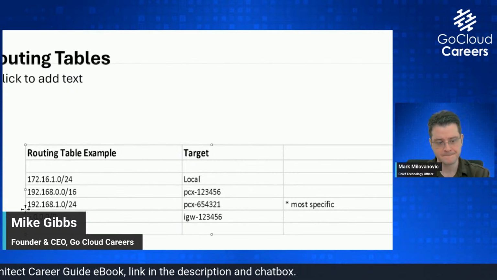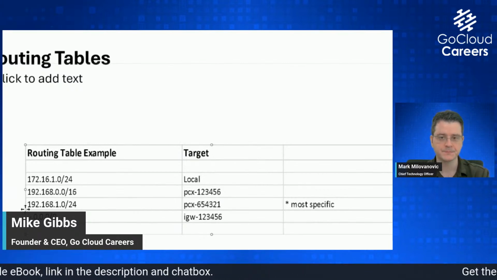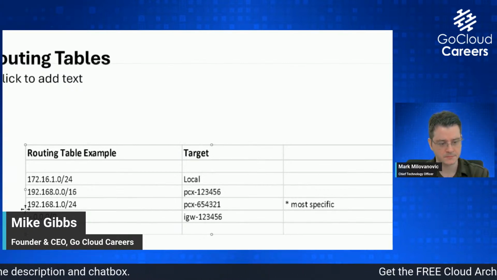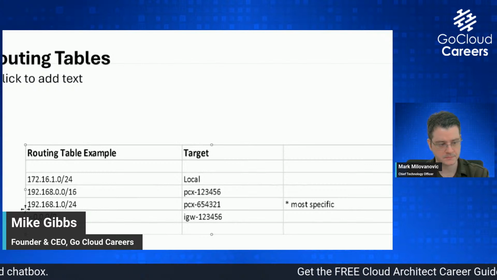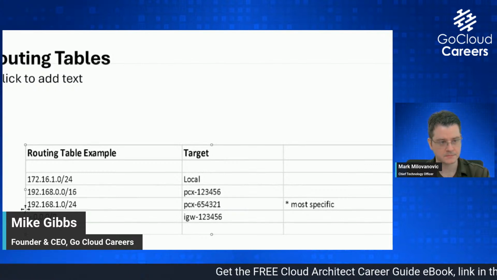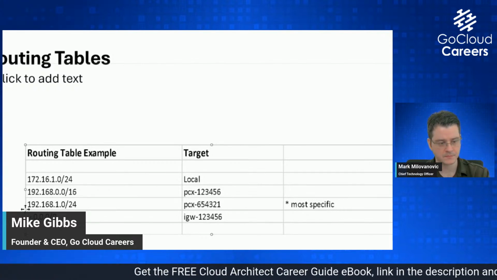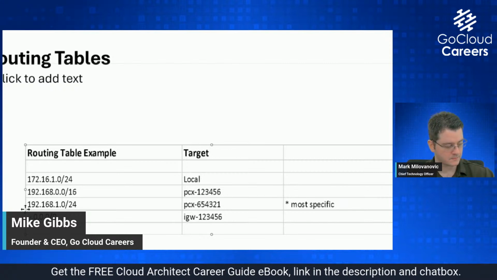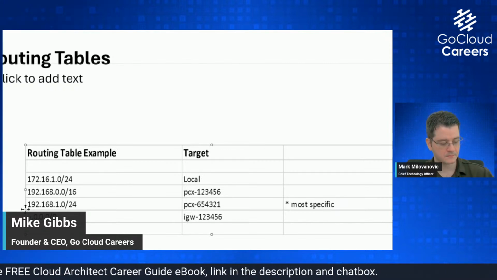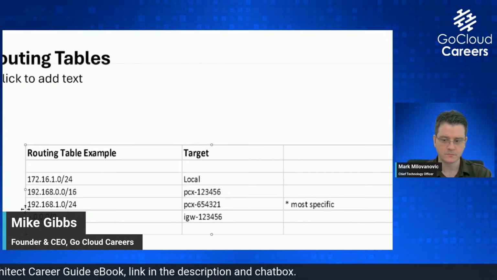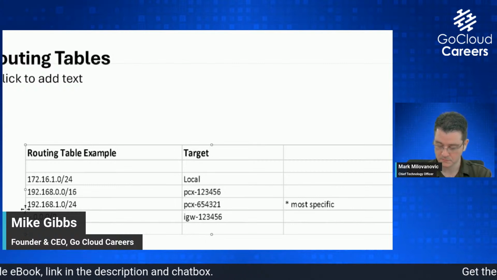And what you're going to see is, to get to the destination subnet of 172.16.1.0, that's directly connected to me. It's already here. But to get to this supernet 192.168.0.0, go out the interface PCX 123.4.5.6.